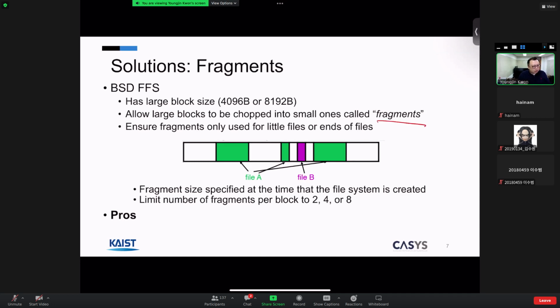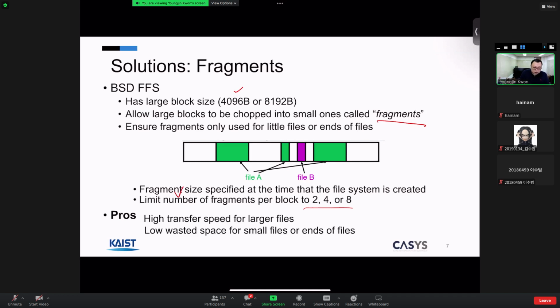The file system allocates large blocks, but internally when allocating logical file blocks, it allocates based on fragments. Fragments are a configuration parameter. When a file system starts, you can set the number of fragments per block given the block size. So for large files, the blocks provide better performance, and fragment-based allocation reduces the waste of space for small files.